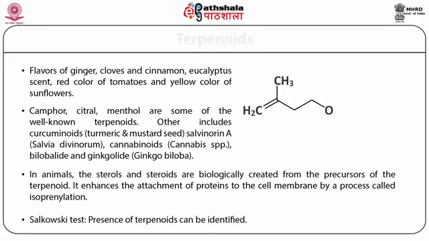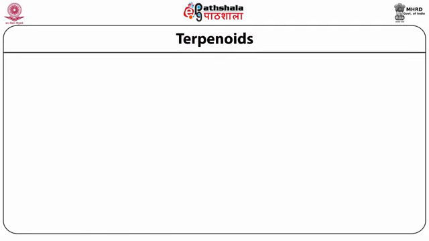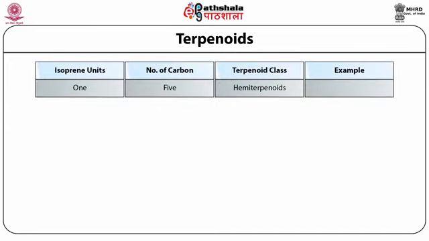Structurally, terpenoids can be classified into different classes, namely hemiterpenoids, which have one isoprene unit and 5 carbon atoms.